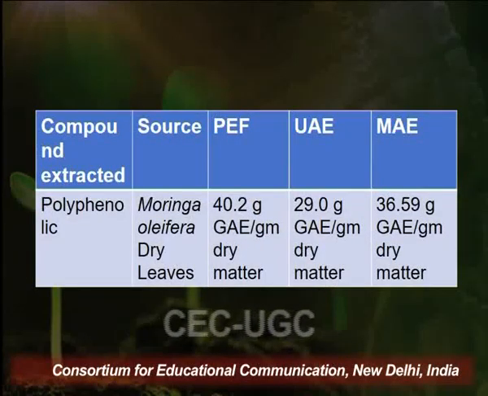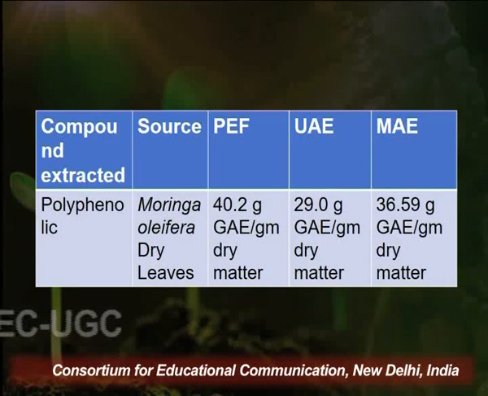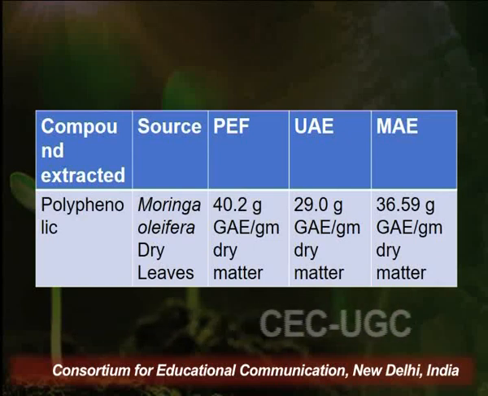Similarly, polyphenolic compounds, when isolated using different techniques, gave similar kinds of results. The yield in pulse electric field assisted extraction was much higher in comparison to ultrasound assisted extraction and microwave assisted extraction.